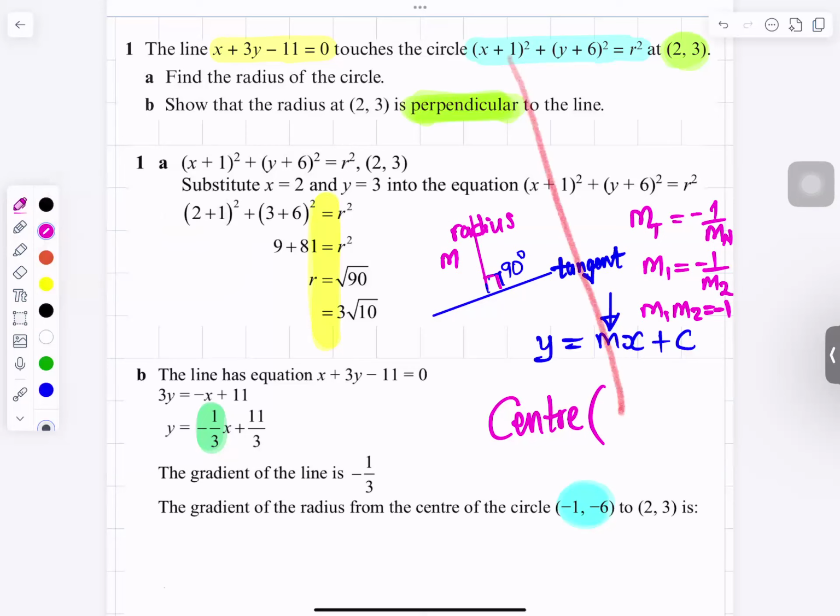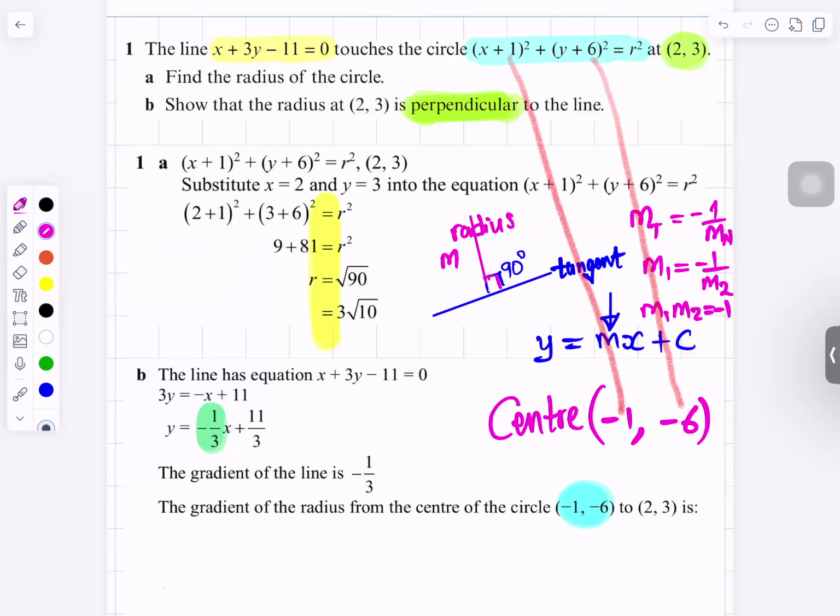Very important. And it's +6, so it will be -6. That gives you the center (-1, -6), and the radius goes from the center to (2, 3).